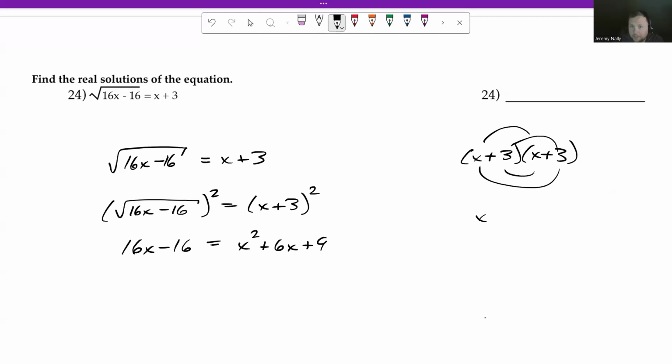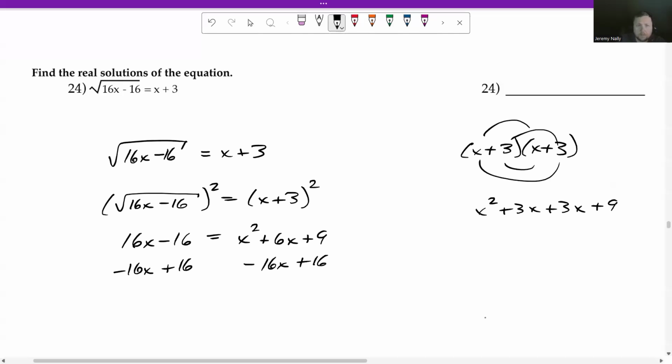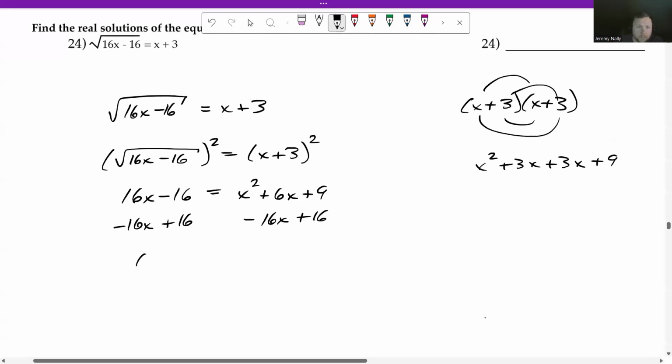And then you'll have x squared plus 3x plus 3x plus 9. Okay. All right. And then let's move things over. So now I have 0 is x squared minus 10x plus 25.